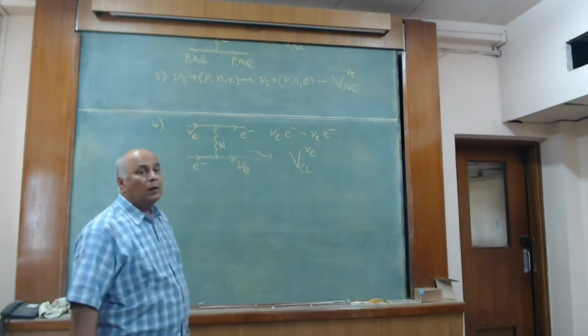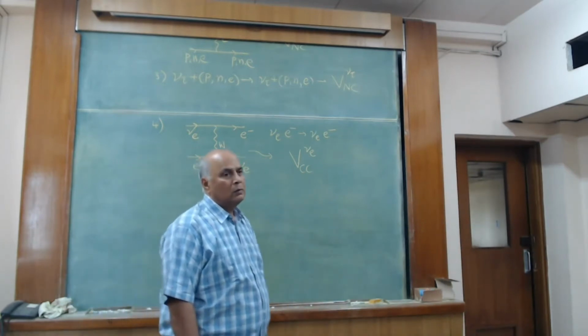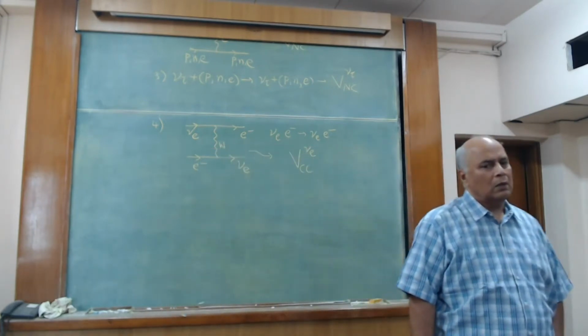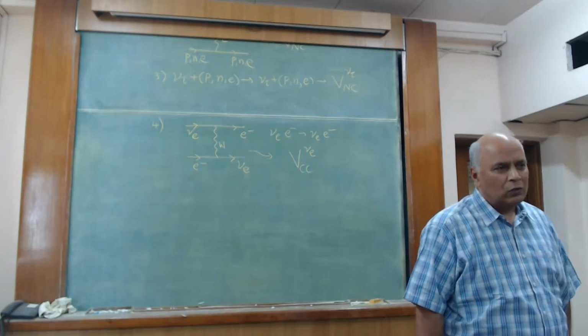Does existence of a sterile neutrino imply there is a fourth lepton number?